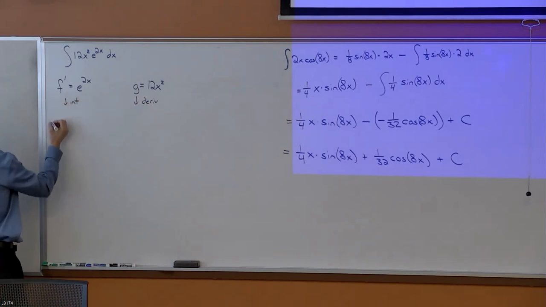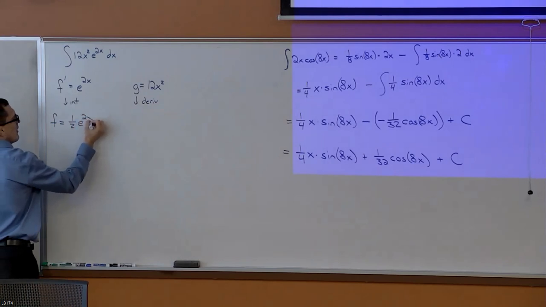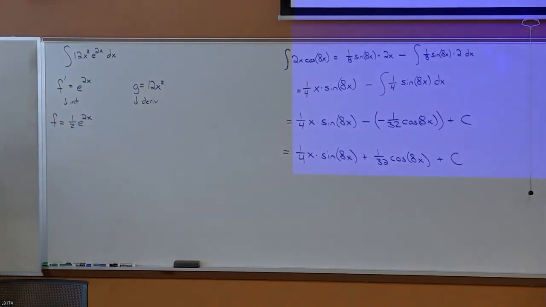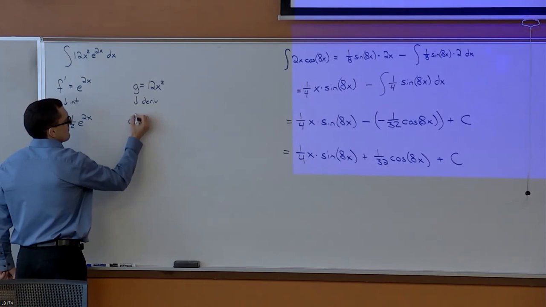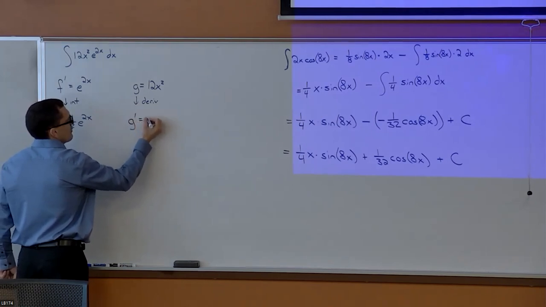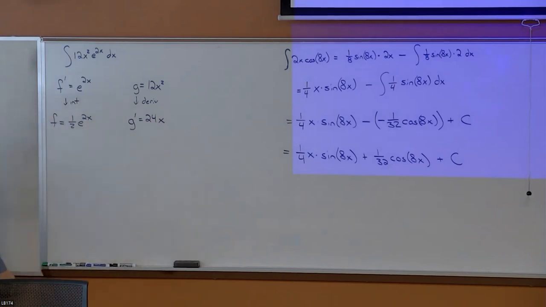I'm going to integrate to give me the f. That's 1/2 e to the 2x. I'm going to take a derivative to give me the g prime, which is 24 times x to the first.